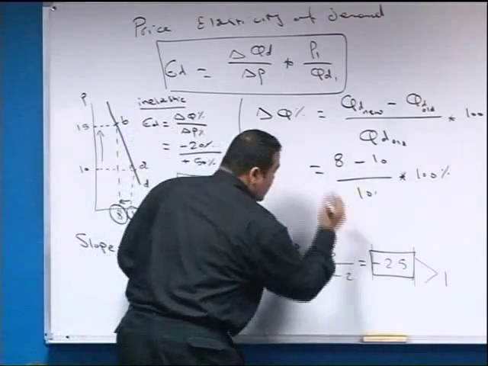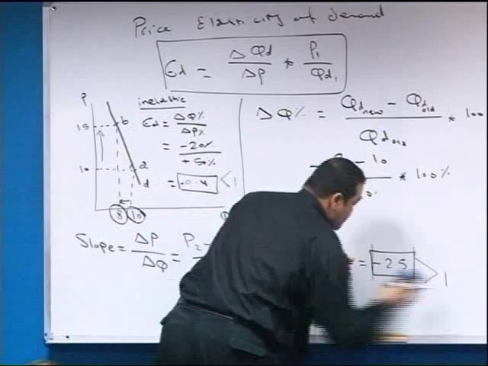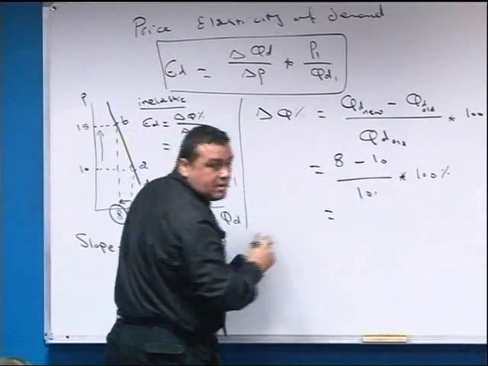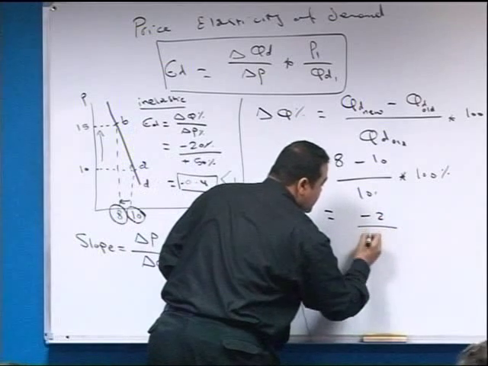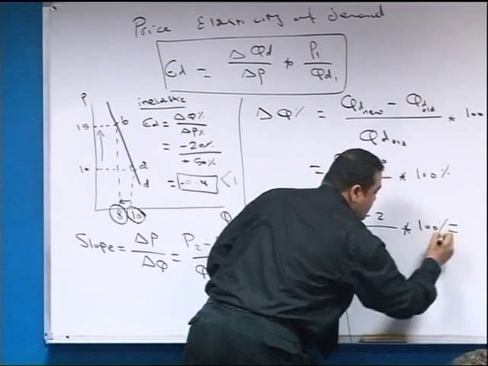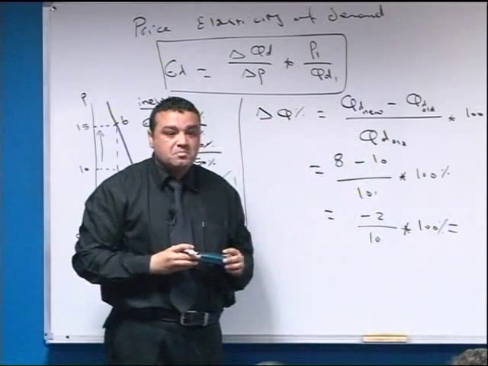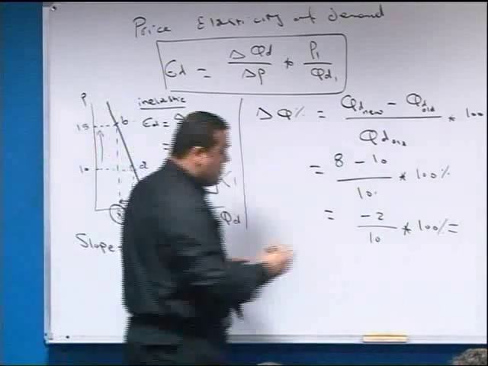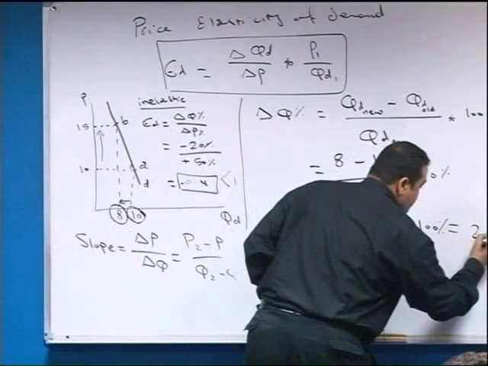So it equals 8 minus 10, minus 2, over 10, times 100, equals how much? Minus 20%. Yes, minus 20%.